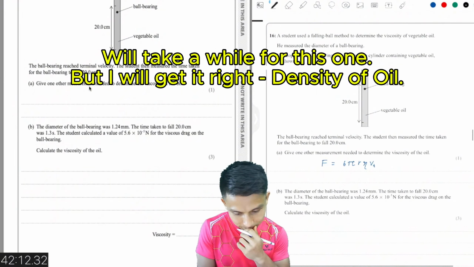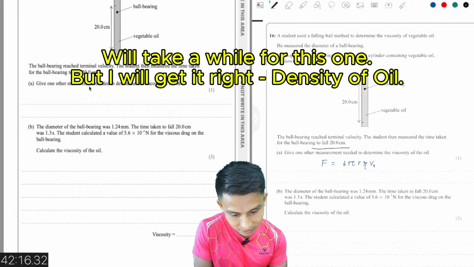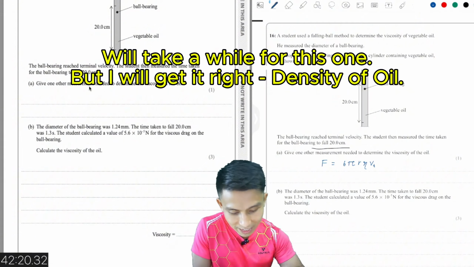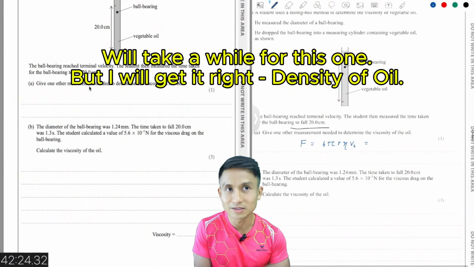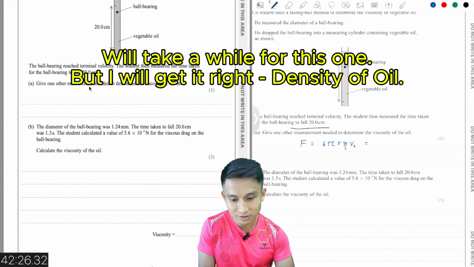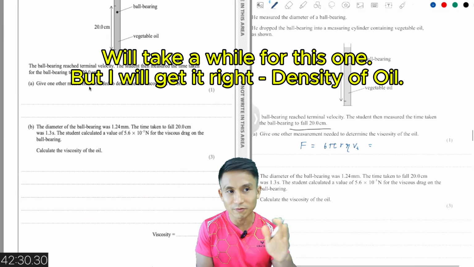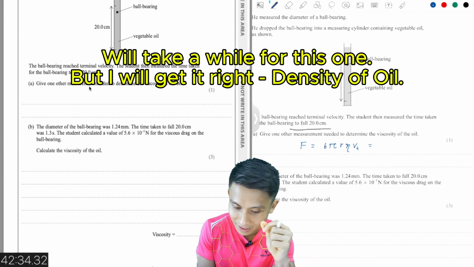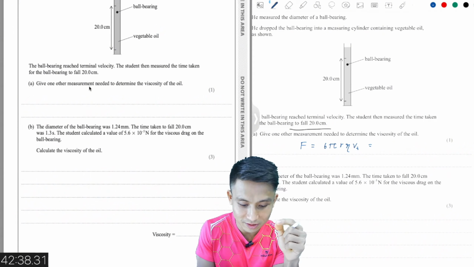So we have the time taken, and of course this F is the same as when it's terminal velocity. The ball is dropped, so the only forces acting are the weight and upthrust. Hang on.